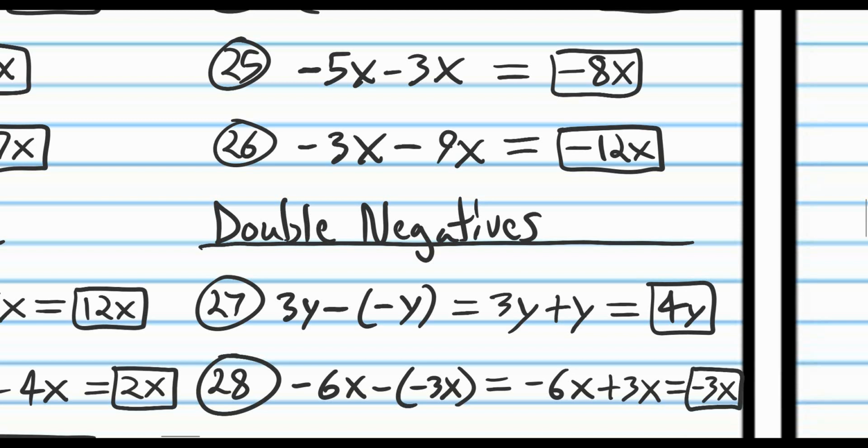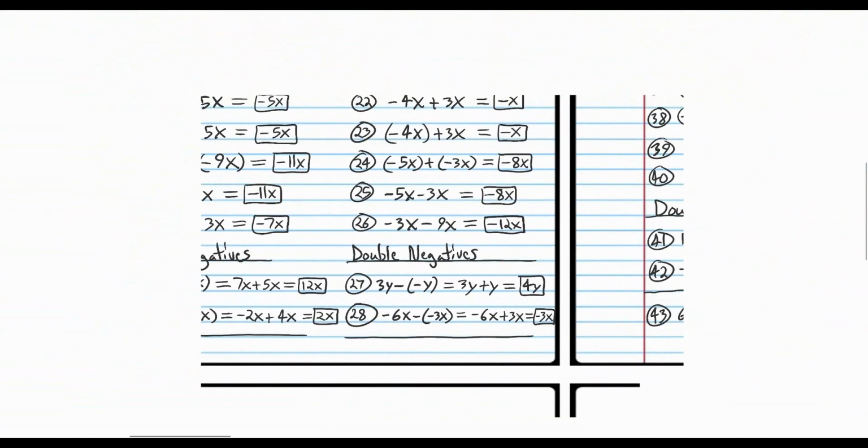So hopefully you got the correct answers. If you didn't, that's okay. Just go back and figure out what you did wrong. And it looks like everything is correct, so let's go on to the next problems.